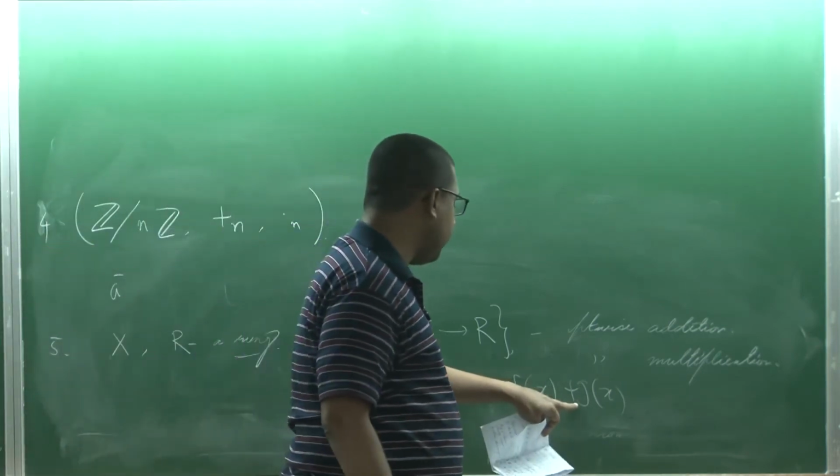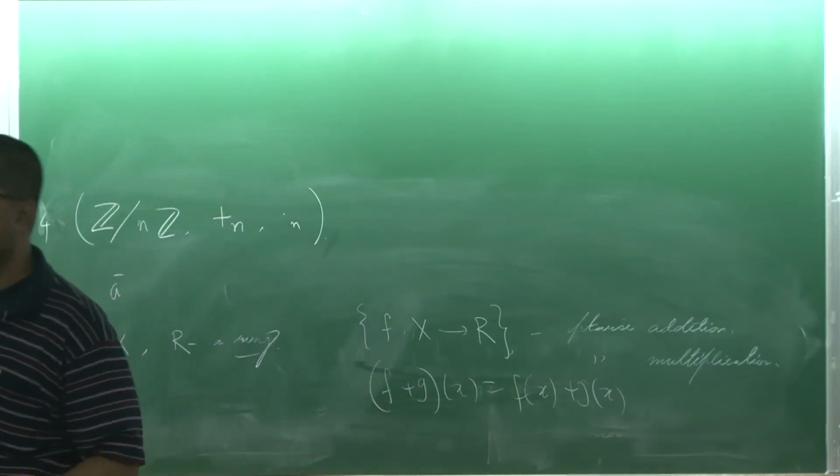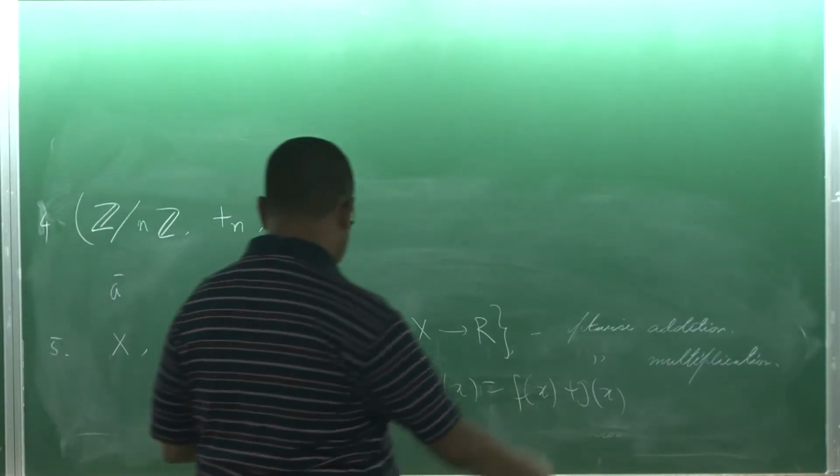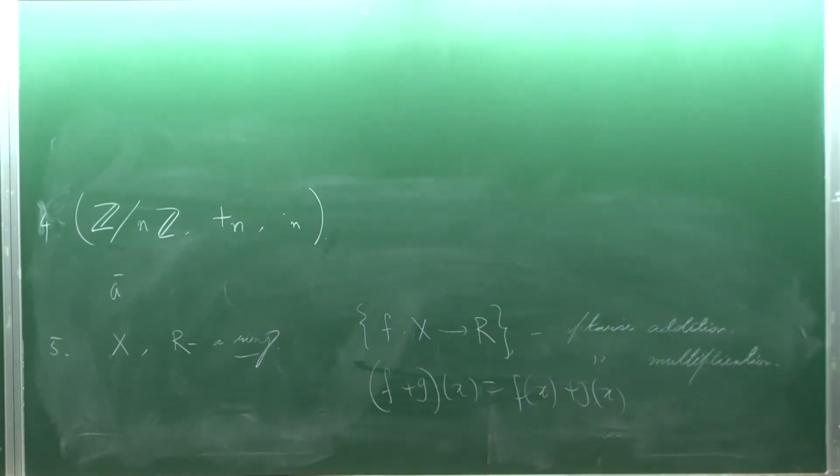forms a ring. Here this addition is the addition of two elements in R. And as a special case of this ring, what we obtain is the following.